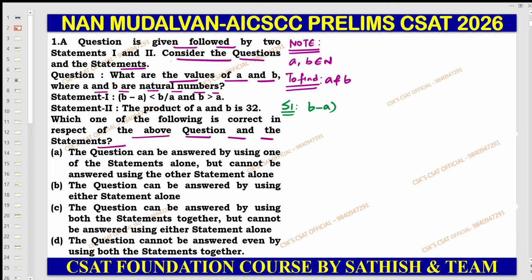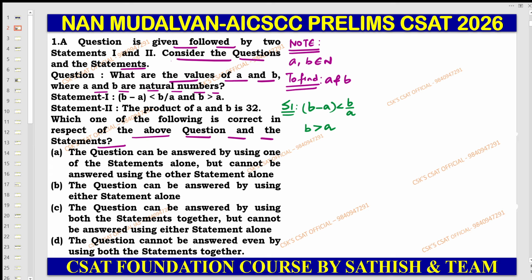Statement number 1 says b minus a is lesser than b by a, and one more condition is also provided in the question. What is the condition? b is greater than a. For this condition, can you find a and b or not?